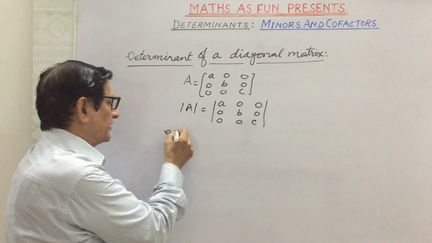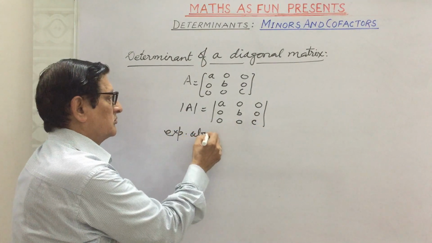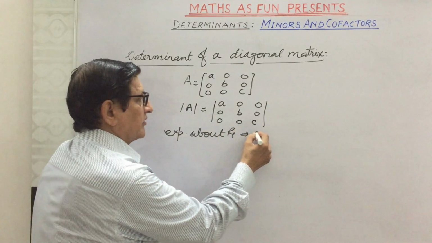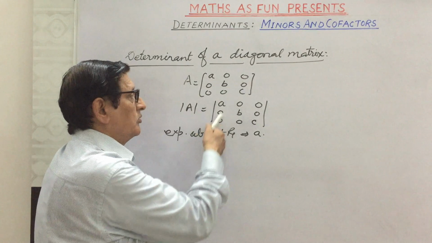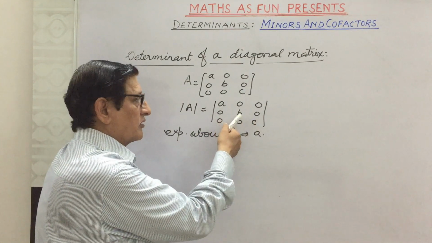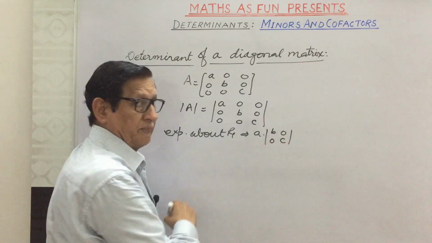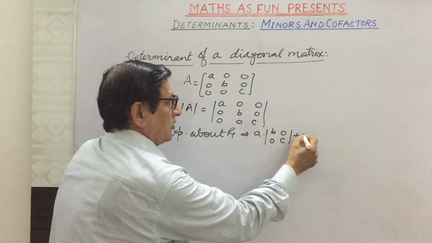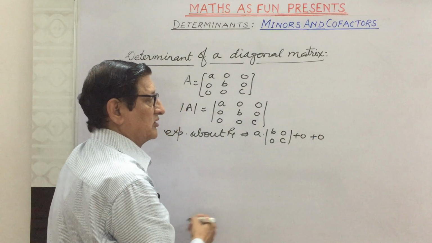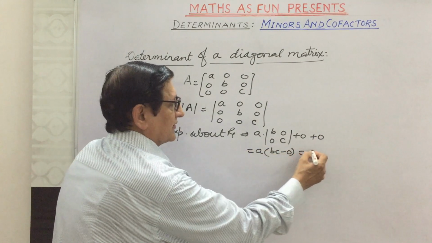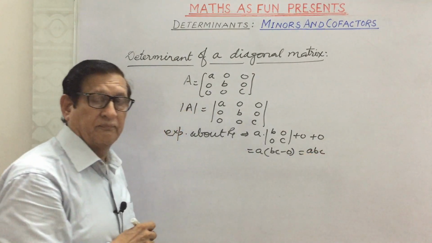If we expand it about row 1, we find here a into the cofactor of it, that is b, 0, 0, c. The second element is 0, the third element is also 0, so it will come as a into bc minus 0, that is abc.